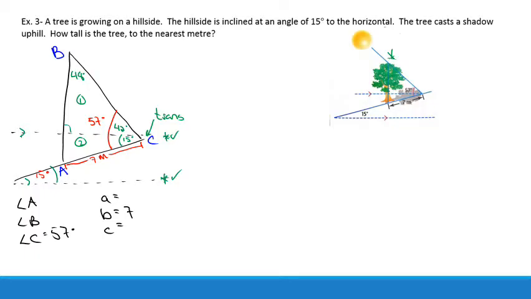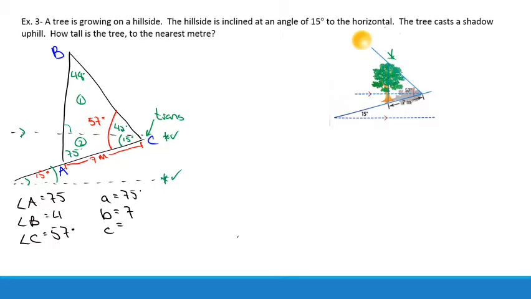And then on the bottom triangle, 90 minus 15 ends up being 75. So I went from not having enough information to now having more than enough. Oh, I put that in the wrong spot. 75 degrees.